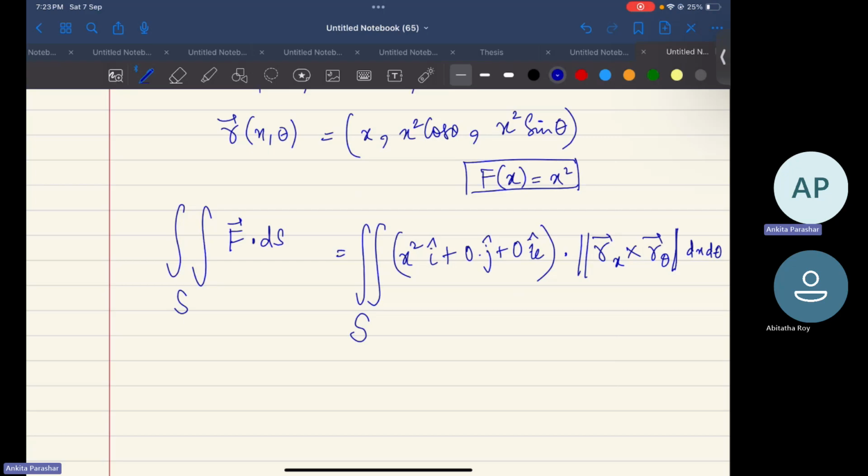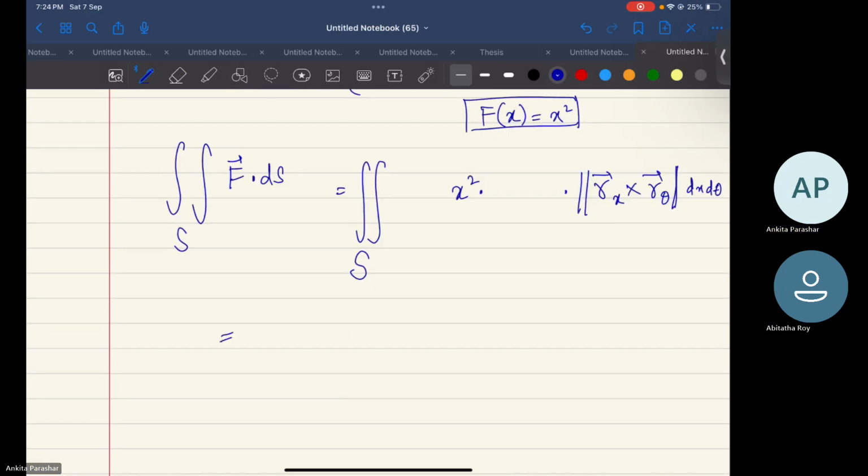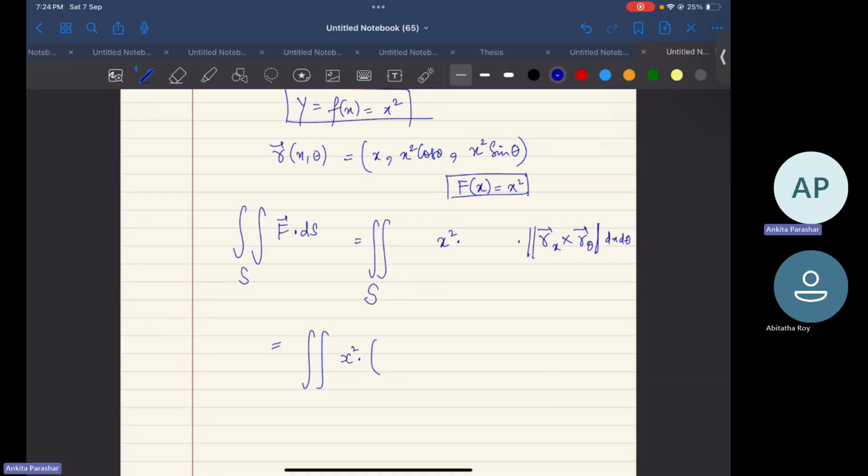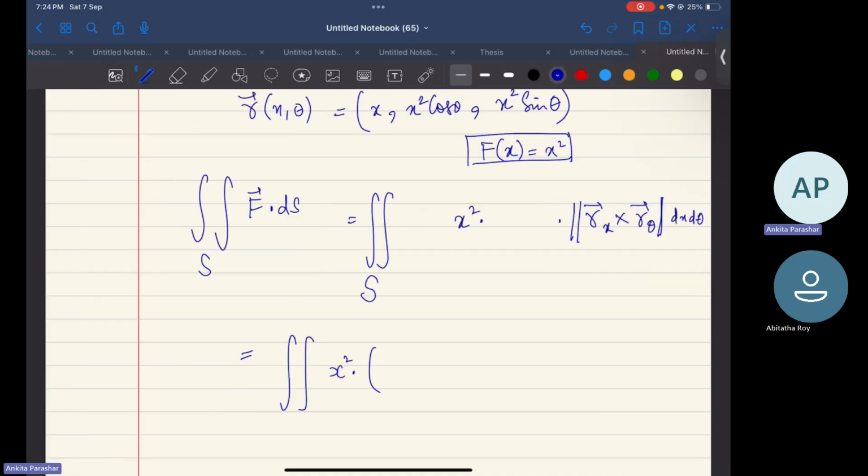Okay, so sorry, this has to be x square only. Integral of x square times r_x cross r_theta, I will quickly write what this is: i cap, j cap, k cap; 1, 2x cos theta, 2x sin theta; 0, minus x square sin theta, x square cos theta.